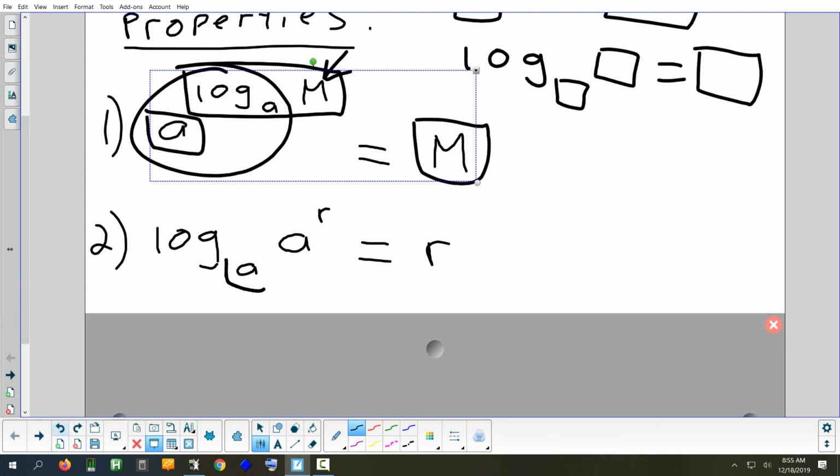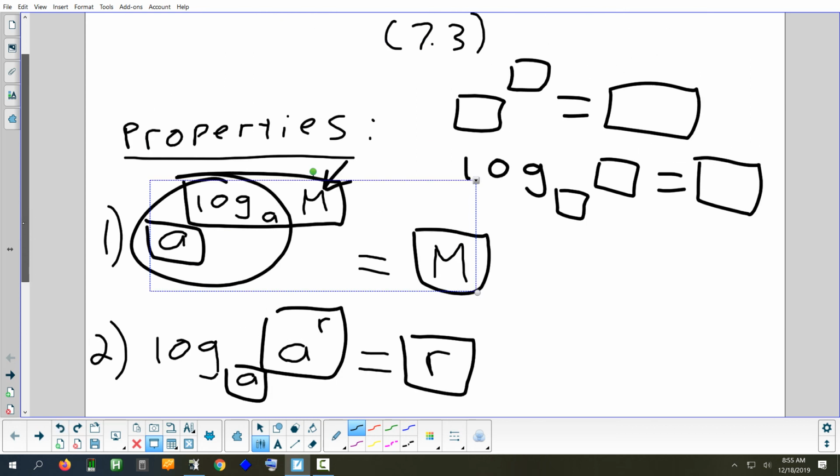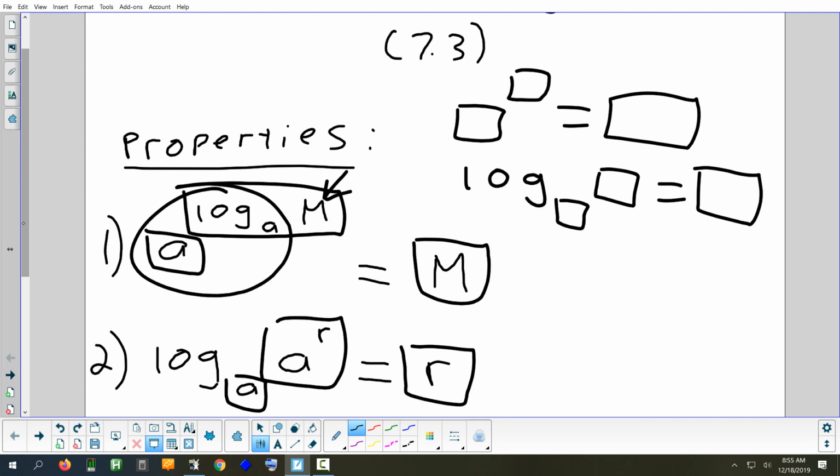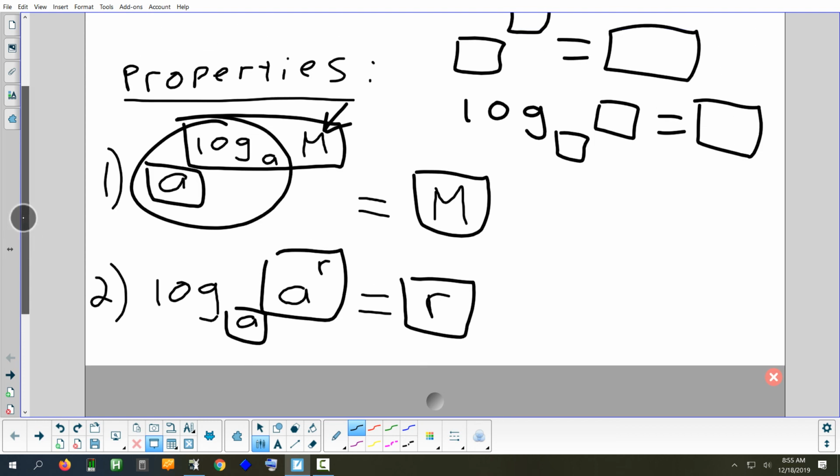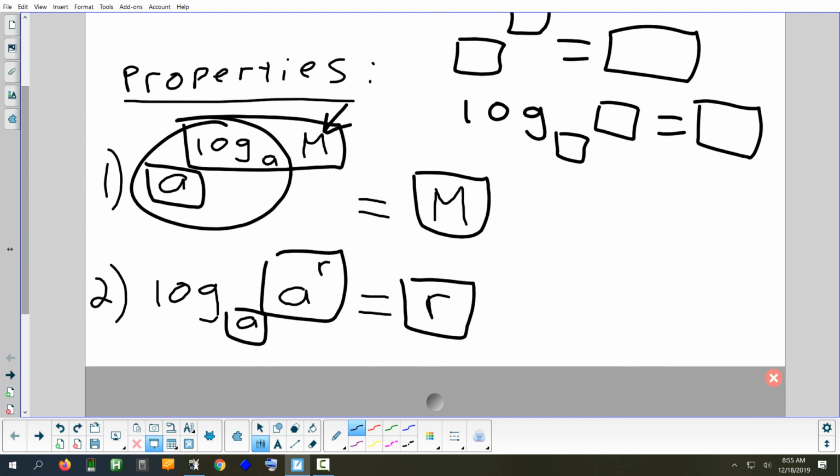Here's my 3 things. 1, 2, 3. Those 3 things have to go in these 3 boxes when we change it. We just have to figure out which one goes where. Okay, let's start with the A right there. Alyssa, what is this A? It's my base. So when I rewrite it, it's going to go right there. Okay, so this is just the reason why it's true.